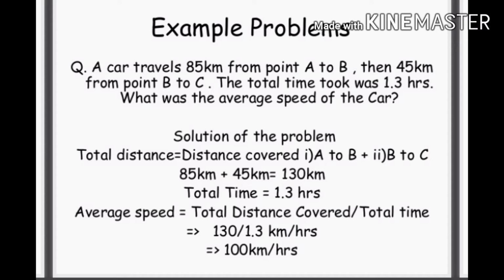Let's add both of those. We get 130 kilometers and the total time is 1.3 hours. As we know the formula, average speed is total distance covered by the total time. So we get 130 kilometers by 1.3, which is 100 kilometers per hour.